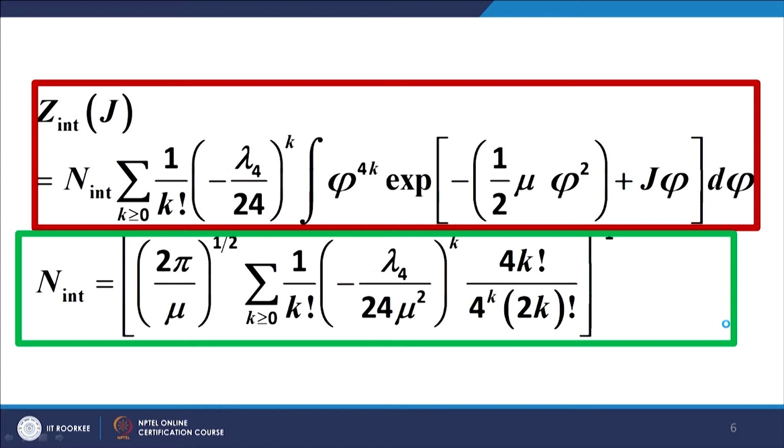We found the expressions for the revised normalization of the interaction field, which is given in the green box, and the expression for the revised generating functional for the Green's functions is given in the red box.